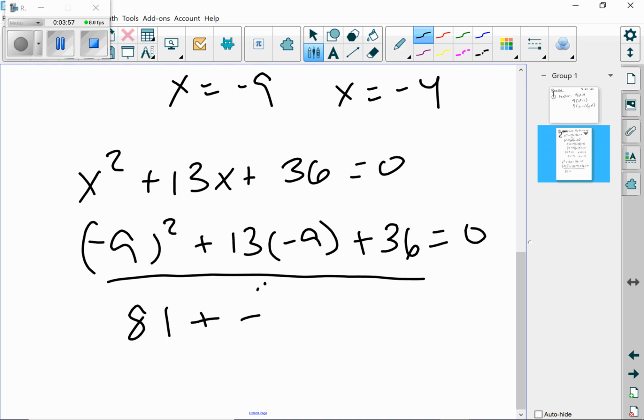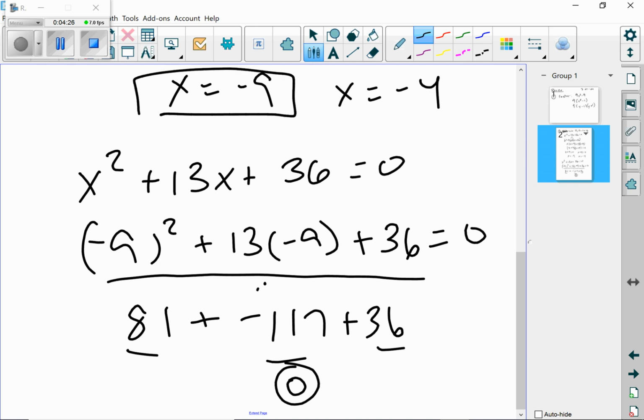I've got negative 117. Let me check with my calculator: 9 times 13, negative 117, I was right. Plus 36. So 36 plus 81 equals 117, and this does equal 0 when you add them together. We know that we're right.